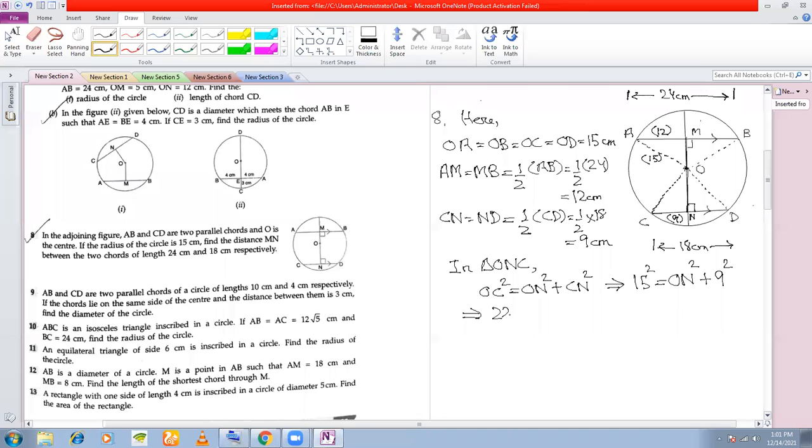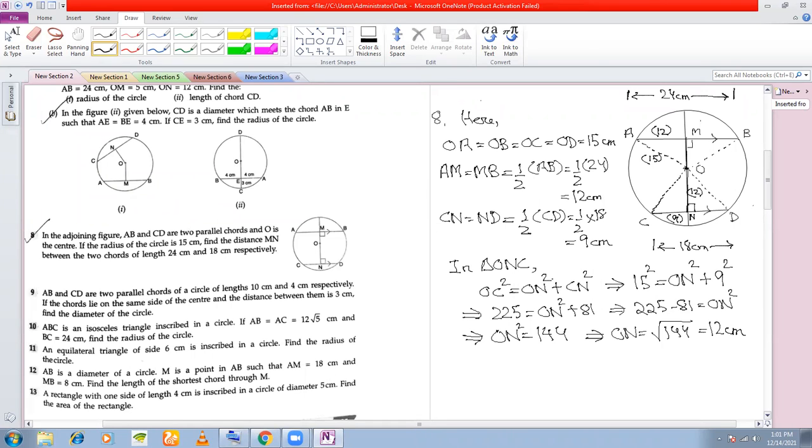Therefore 225 is equal to ON square plus 81. That means 225 minus 81 must be equal to ON square, which is 144. ON square is equal to 144. That means ON is square root of 144, which is equal to 12 centimeters, right? So we have found this length to be 12.